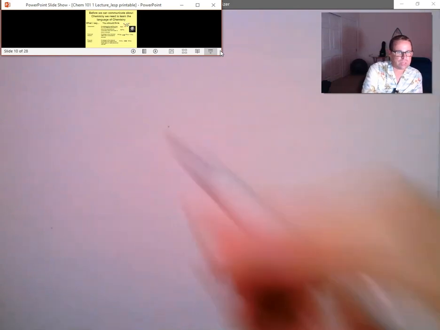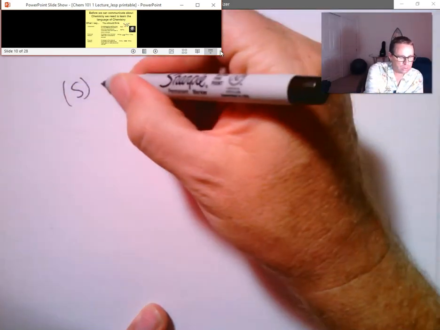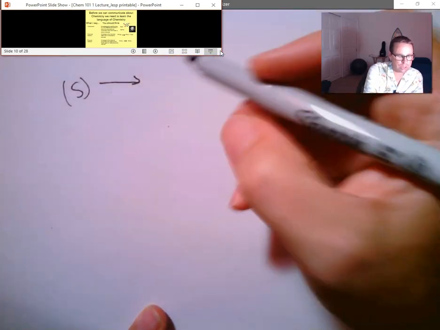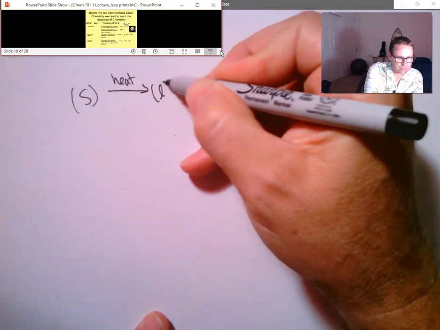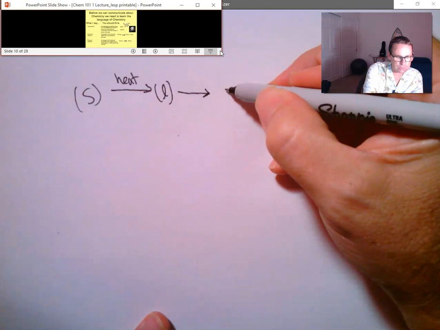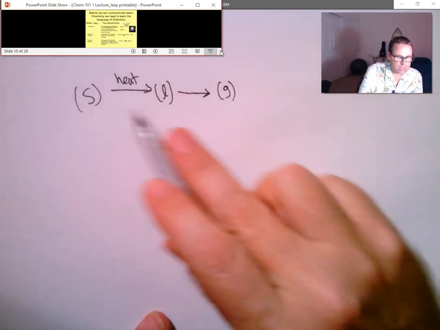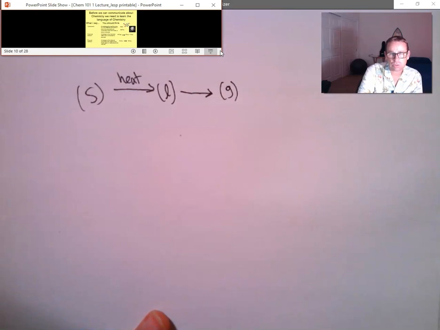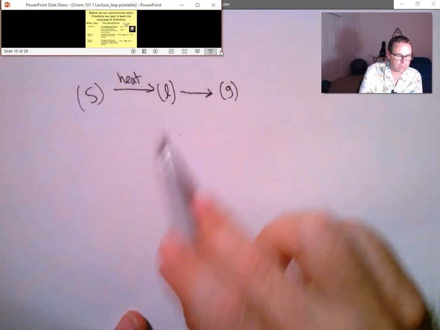Have you ever heard of the different states that elements can be in, like solid? What happens if you heat a solid? What does it turn into? Liquid. That's right. Very good. And if I heat a liquid a whole lot, what does it turn into? Gas. And that's what these little letters mean to the right of the material, either elements or compounds.